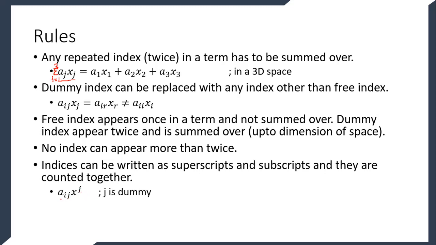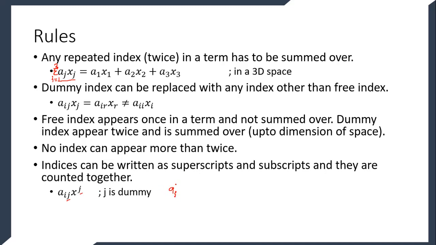That is, in this symbol group, i appears once and j appears twice, not once. You have to count all the indices, whether they are subscript or superscript. So here i is a free index whereas j is a dummy index.